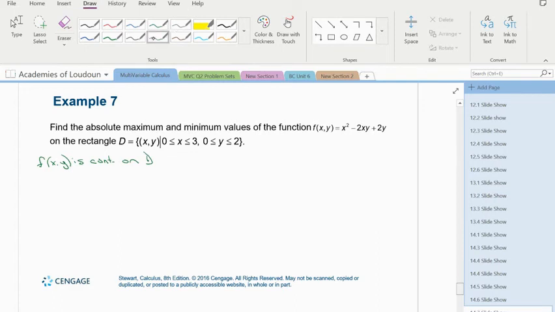So the first thing is to find the critical point. Our partial derivative with respect to x is going to be 2x minus 2y, and our partial derivative with respect to y is going to be negative 2x plus 2. We need to set both of these equal to 0.